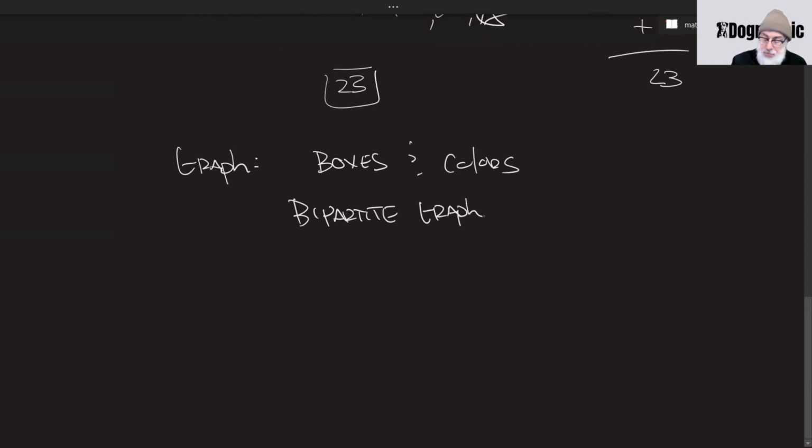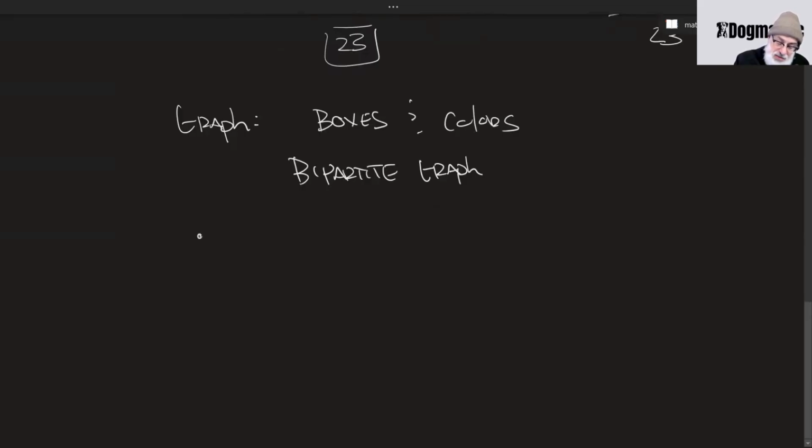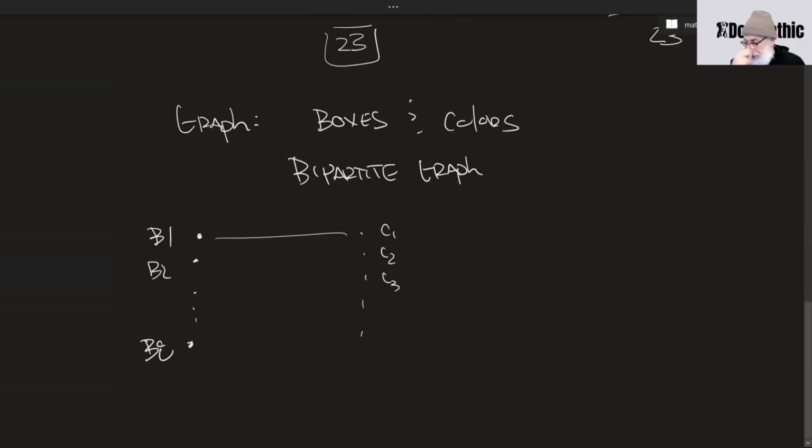Bi meaning 2. And so if we had boxes here, B1, B2, all the way up to B8, then we can have our colors here, C1, C2, C3, and then we can conceivably draw edges. This would be very messy. I'm not going to do this, but I wonder if we can generalize this by using bipartite graphs.